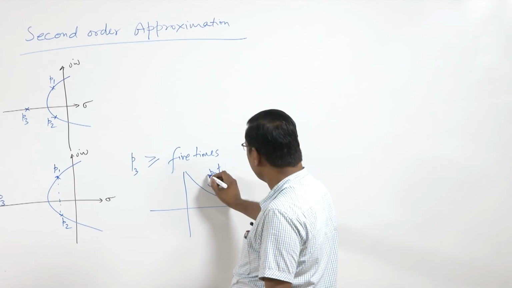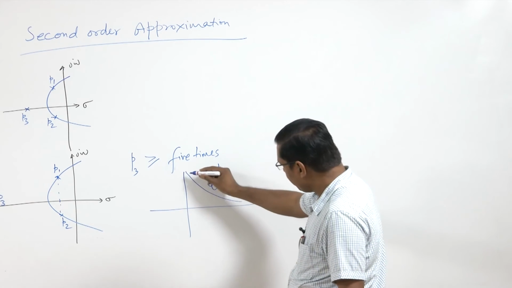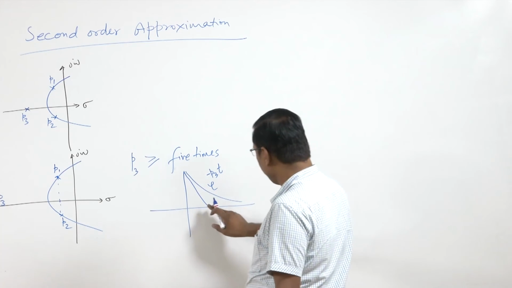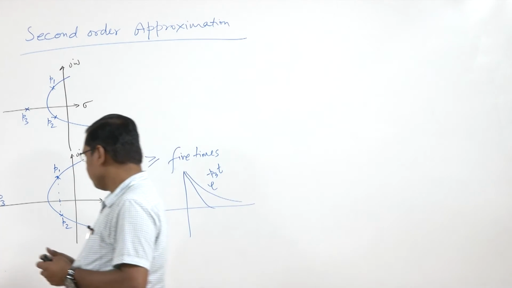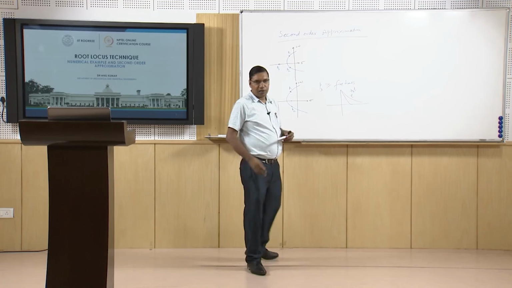Of course, P3 here is negative. So if P3 is larger, it will decay very fast, and therefore its effect can be neglected. However, if it is close, it will affect the response and we can't approximate.